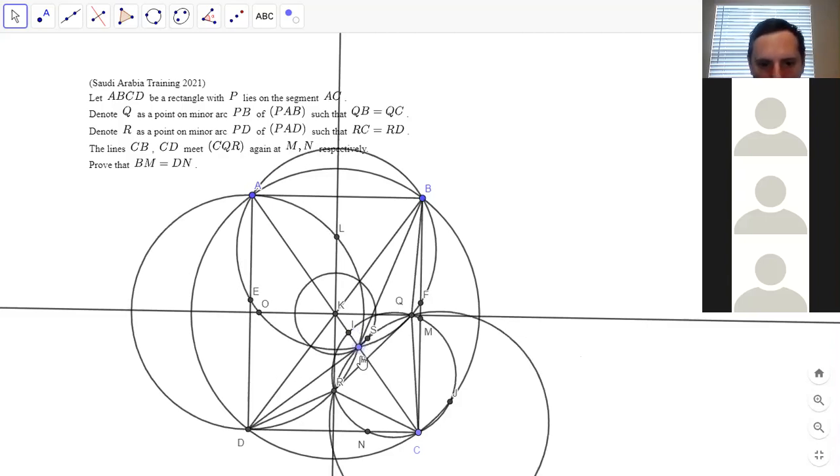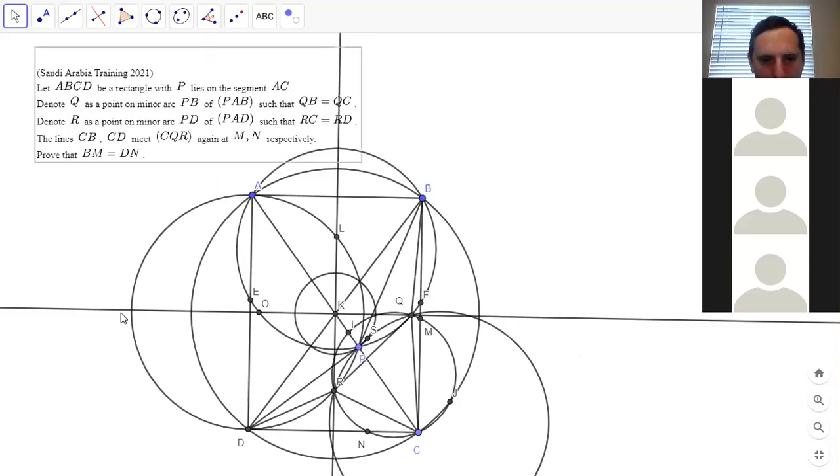So because J is on the circle ABCD, it cuts circle QRC at S. So J will become S, because S is on the circle with center K cutting the circle QPR, right? And so therefore we need KJ perpendicular to DB, which is KS perpendicular to DB, right? And we could easily solve that.